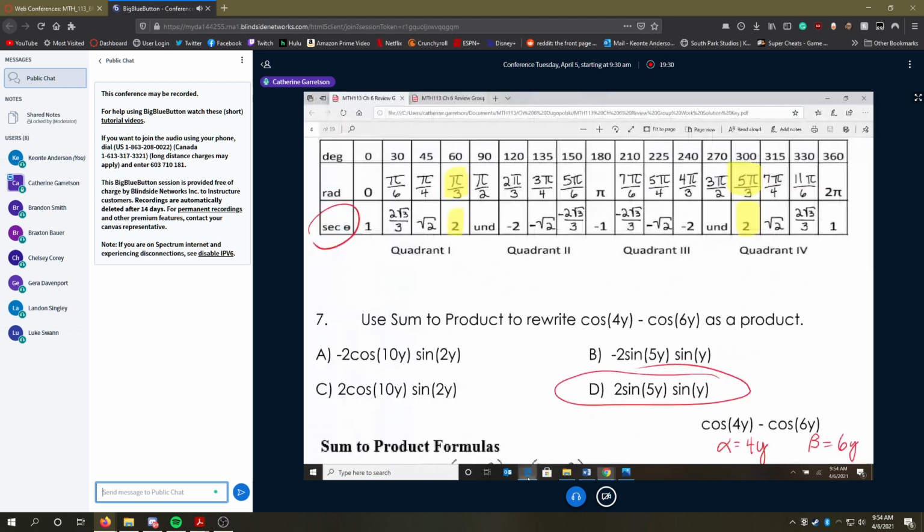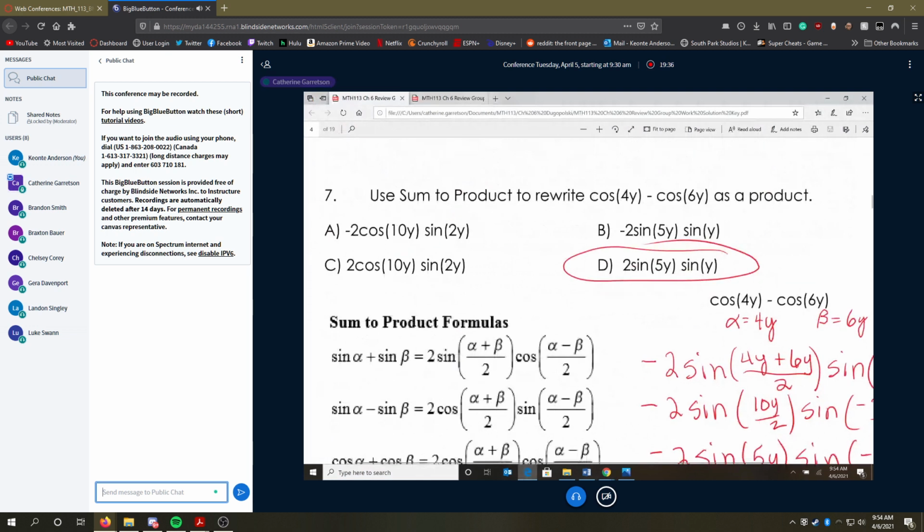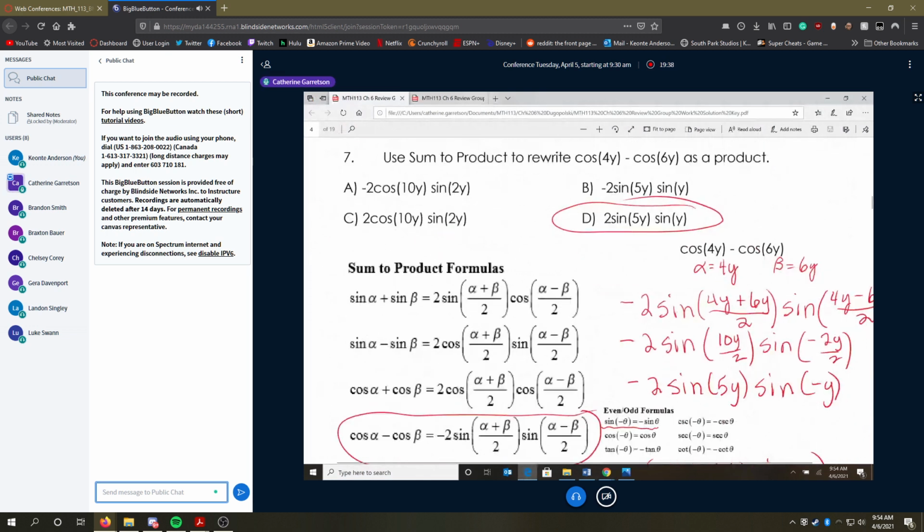Okay, so let's go. The first thing it says to do is take your 2 angles and add them together and divide by 2.